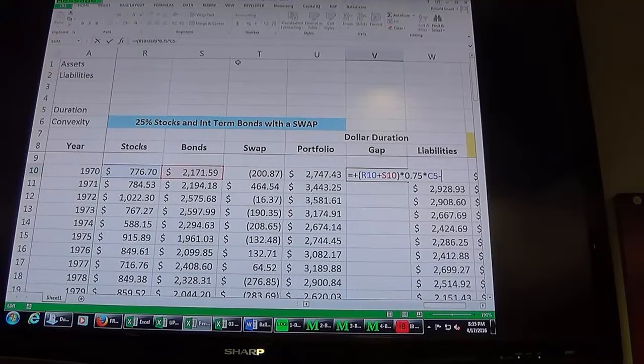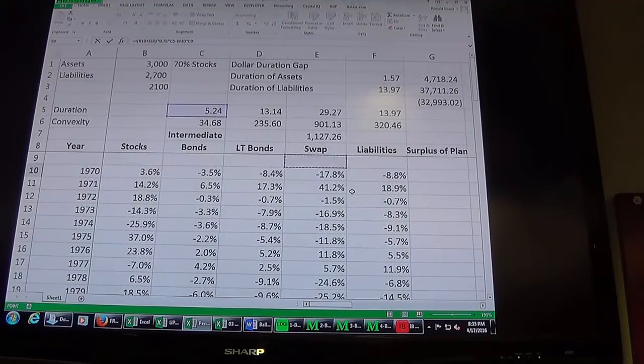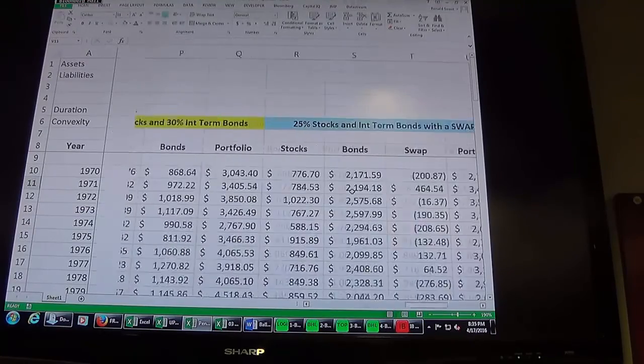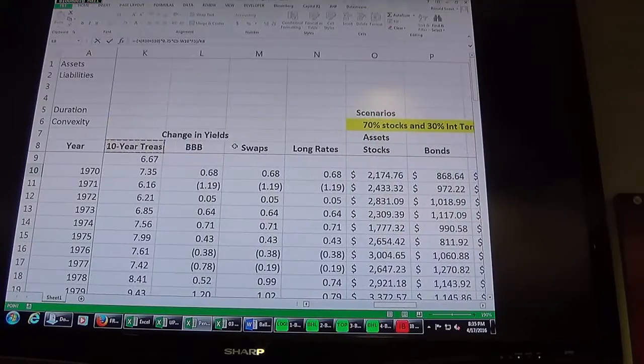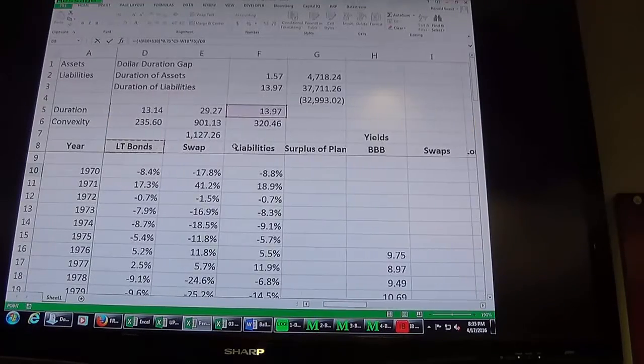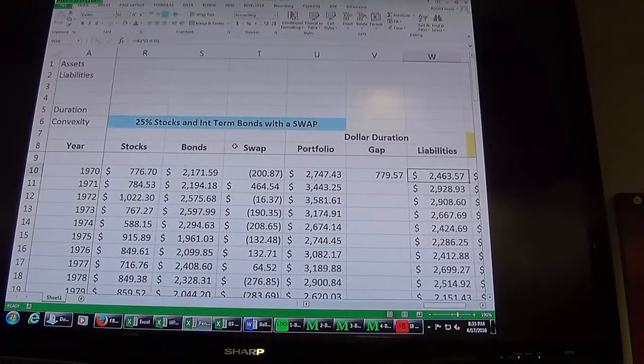Minus our liabilities times the duration of our liabilities. So does that look correct? And what do we do with all of that? We divide it by the duration of our swap. Duration of our swap is where? Right there. So there's a notional.